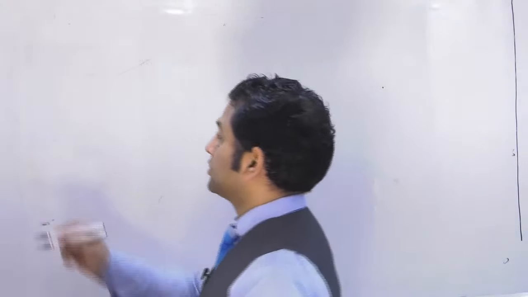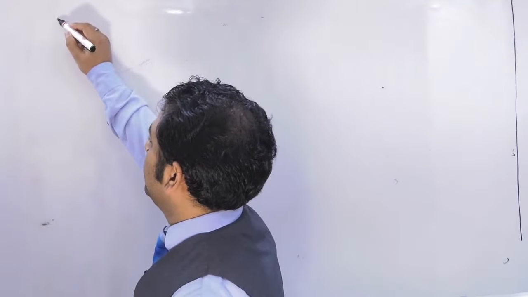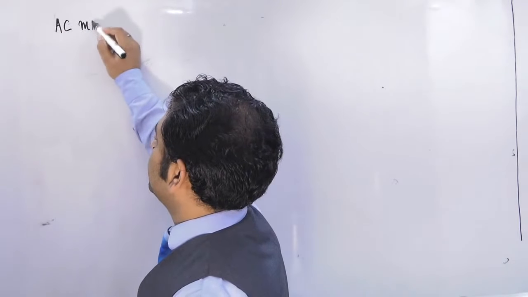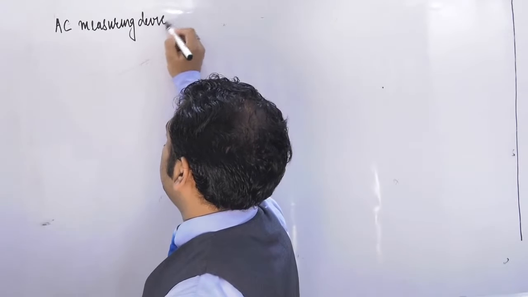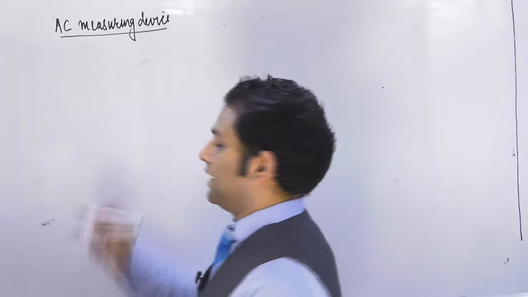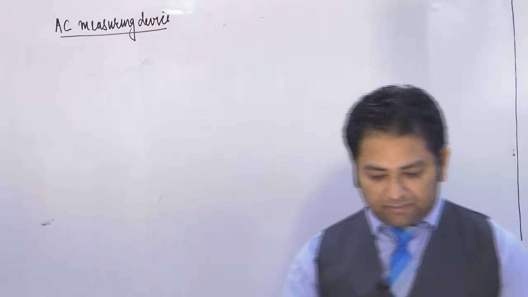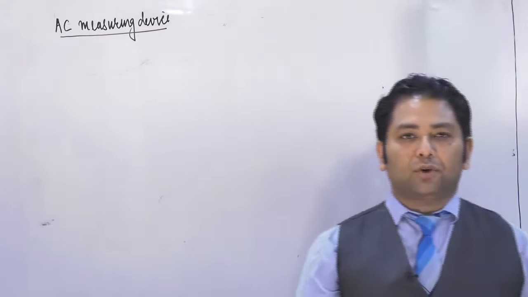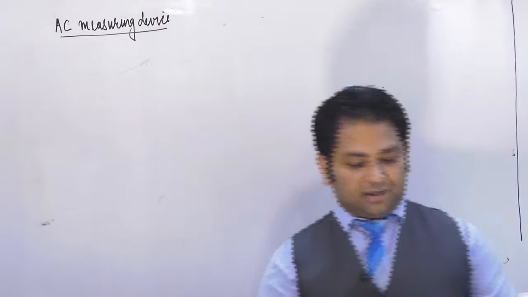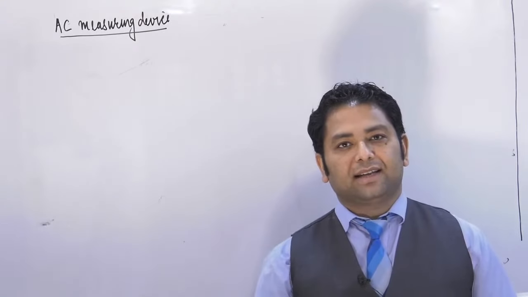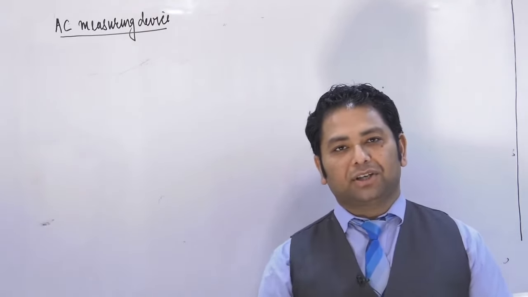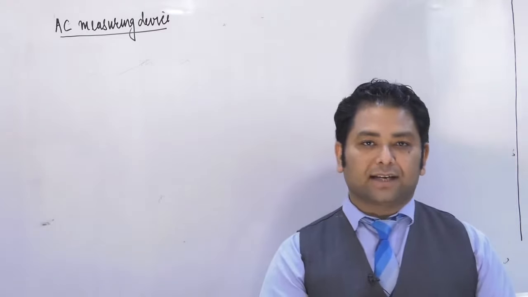Now let me continue with the same factor about the resonance part, but first of all you should also understand the AC measuring device. The regular voltmeter or the regular galvanometer that measures direct current cannot be employed to measure alternating current.